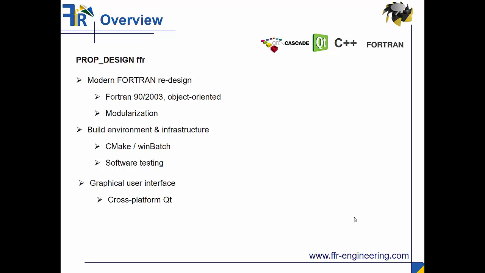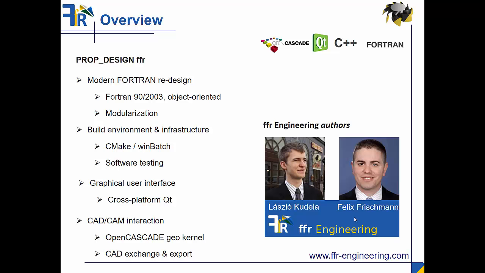It is in the end an engineering tool, so we all know we engineers also like to work on the console and run our applications from the console. Nevertheless, sometimes it's nice to get into a code quickly with a graphical user interface giving you some guidance through the code. Also, we decided to improve the CAD and CAE interaction tools. Therefore, we introduced the Open Cascade geometry kernel for Prop Design, which allows you to directly exchange CAD models with different tools.